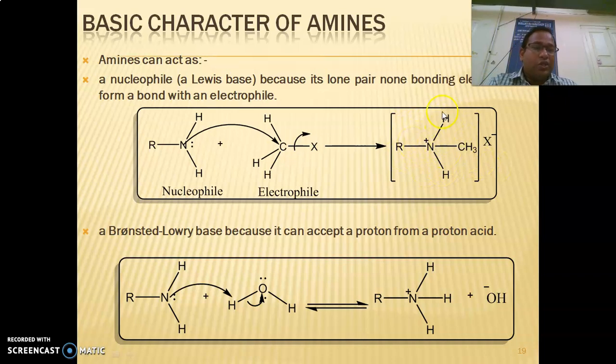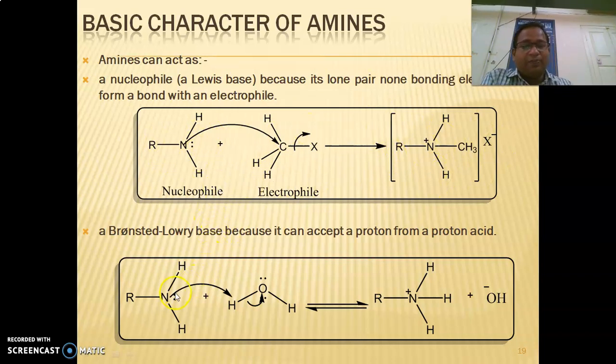This type of compound is said to be an amine. According to Lewis base, the group or atom which donates the pair of electrons to the electron deficiency center and forms a covalent bond is said to be a base. That is illustrated by taking this reaction.